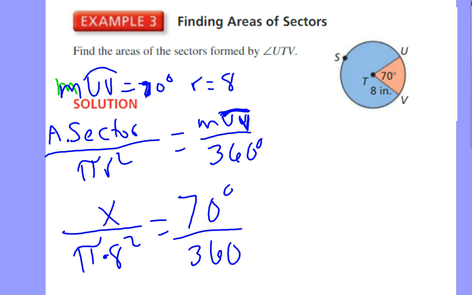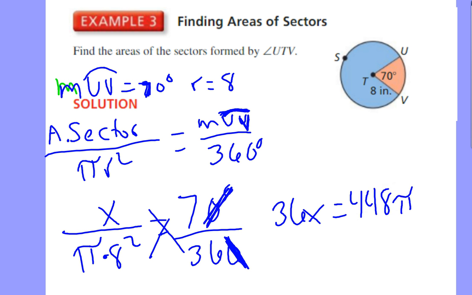Well, I like to try to make my life as easy as possible, and both 70 and 360 are divisible by 10, so I can get rid of those zeros just by dividing them both by 10, right? I didn't change the truth value of that fraction. So now 7 over 36 is just easier to deal with. Now if I cross multiply here, we get 36x is equal to 7 times 8 squared, which is 64. So 64 times 7 is 448 pi.